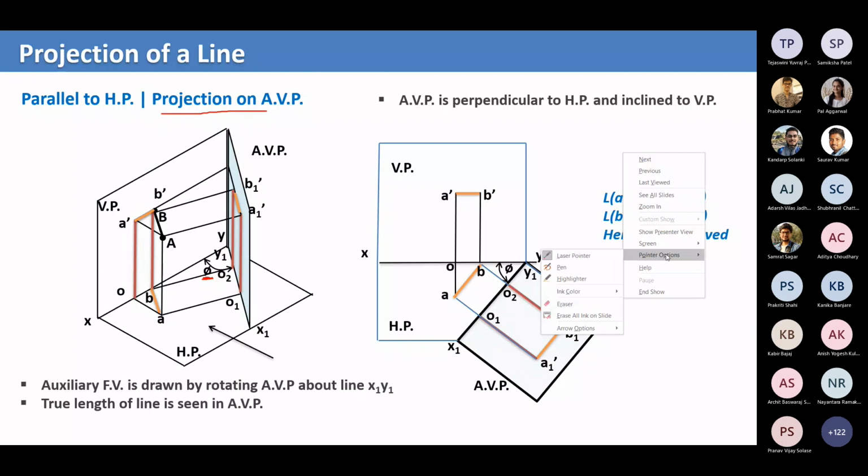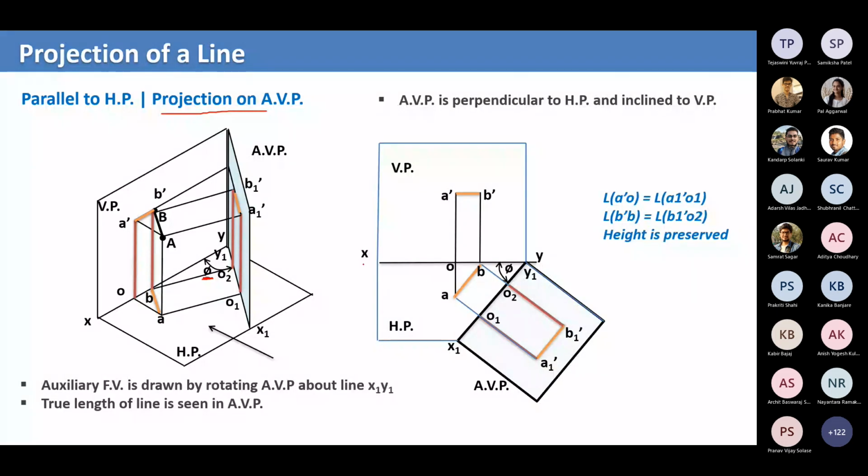We'll see what will happen if we take the auxiliary plane like this, and this is phi. Then how do we get the projections? Let us see. Our first task is to draw the perpendicular from point A to this line, our auxiliary plane.